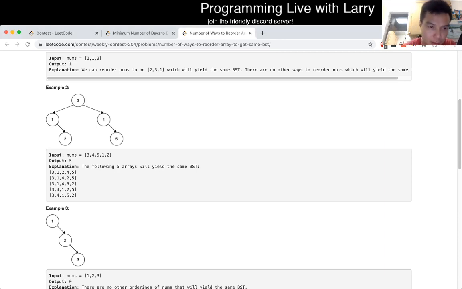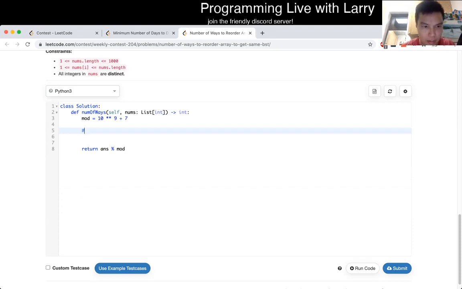Just, so there's 2 on the left and 2 on the right. That's just factorial over 2 factorial over 2 factorial, which is 6, and then minus 1. Okay, so then that's just left. Something like that.